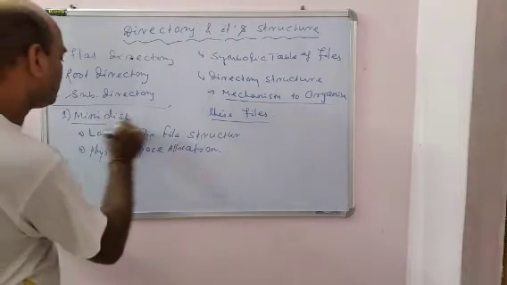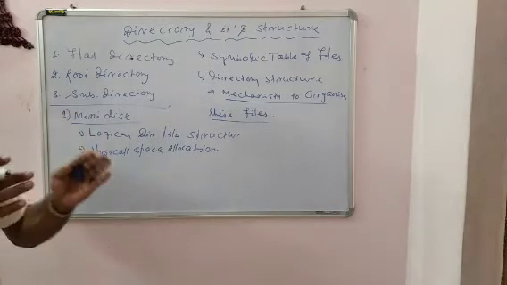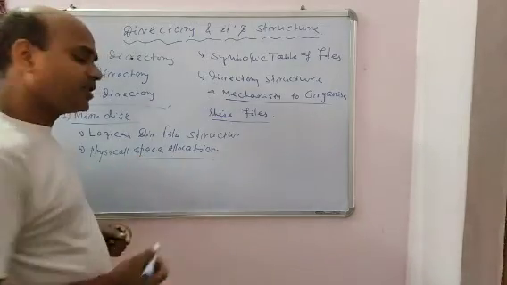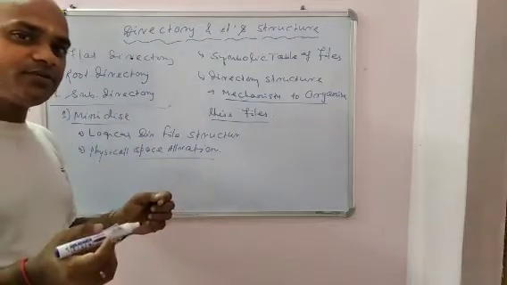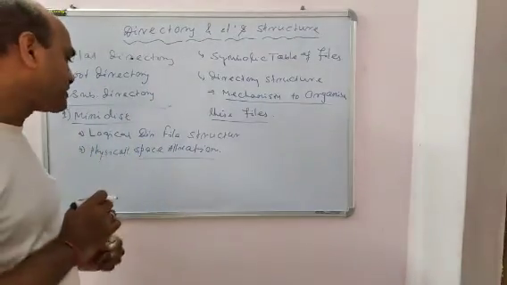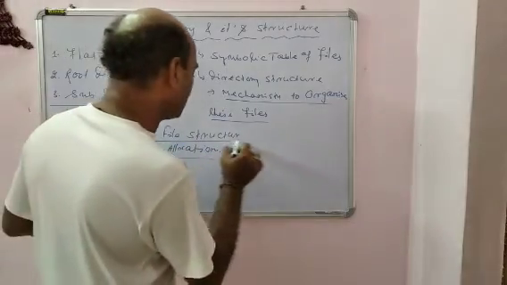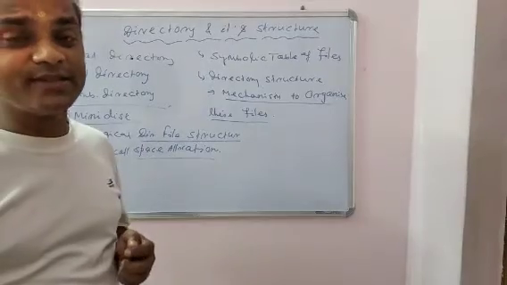So this is all about the mini disk, which contains several parts, and each part has a space allocation. That is another important concept of the mini disk. The entire disk is partitioned into several mini disks, and it also has some directory file structure: how these directories are stored in the hard disk.